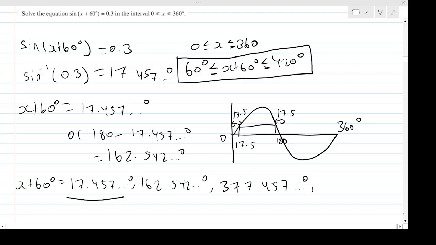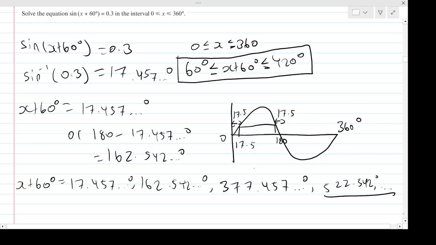And then if we add 360 onto this next solution, we get 522.542, and then more solutions after that.